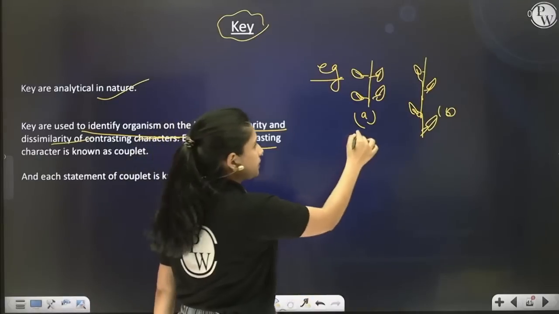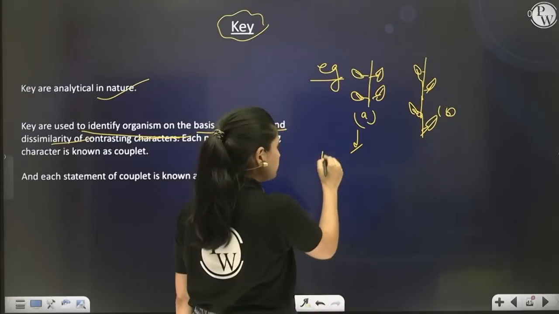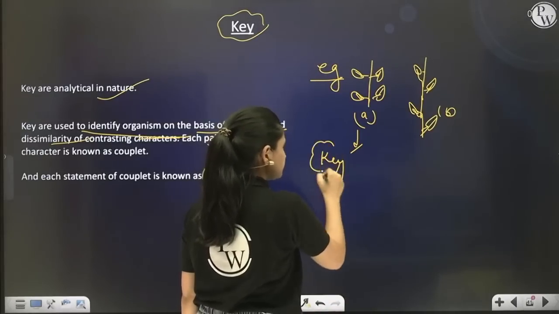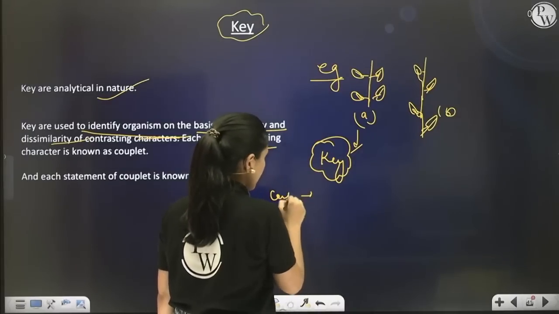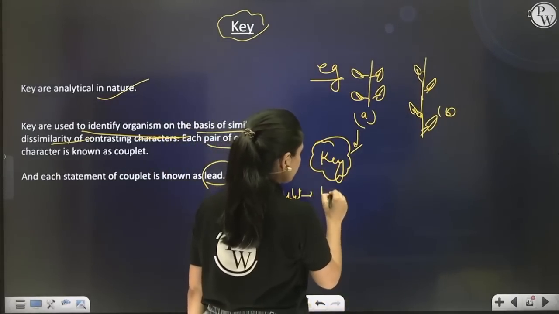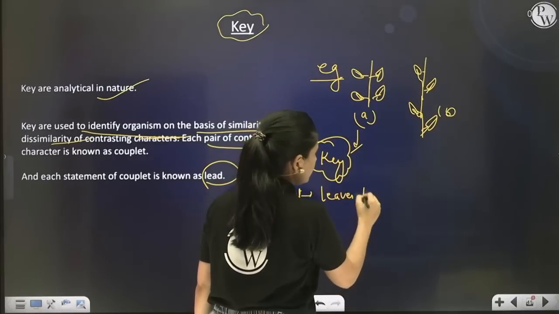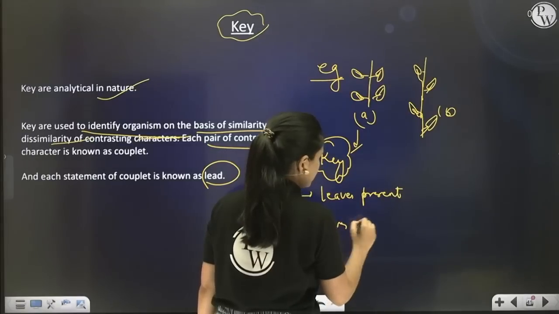For example, suppose I have to identify my specimen A and I am using my key. Initially I will get a couplet, a statement of contrasting characters. For example, leaves present, leaves absent.